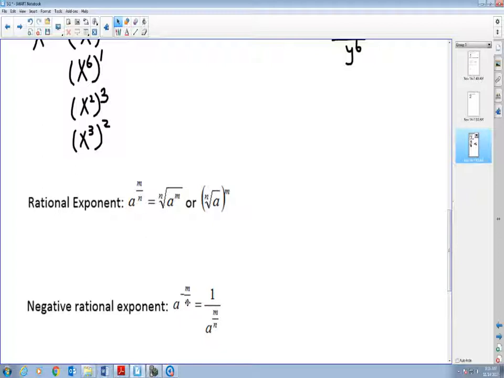A negative fraction exponent is just telling you to flip the base to the other side of the fraction and make the exponent positive. So with these rules in mind, I just want to briefly talk about them, so in a minute, when we do some problems, it won't be so bad. You won't be so unfamiliar with these rules.